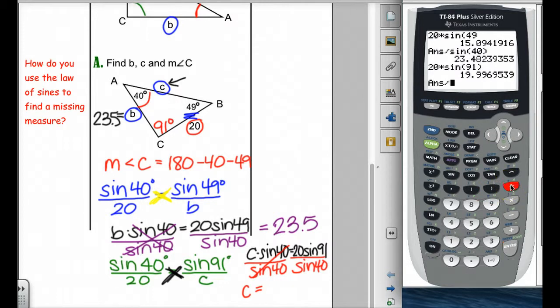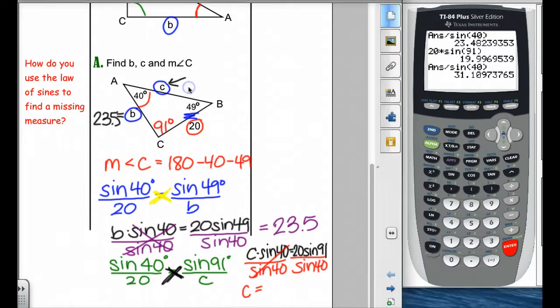And I'm going to divide that by the sine of 40, and that gives me 31.10973765, etc., which means that C is approximately equal to 31.1. So my two values that I needed to find are there, and I am done with the first example.